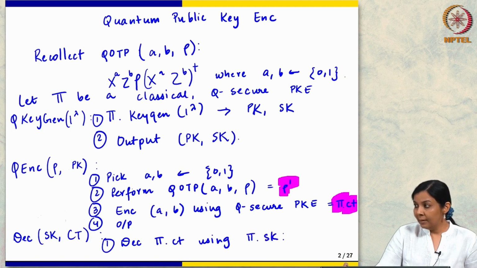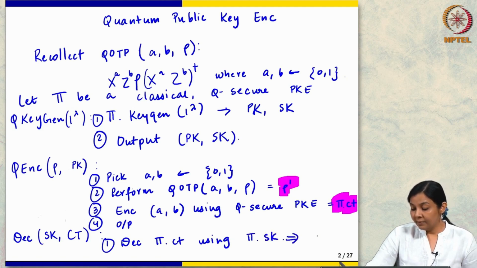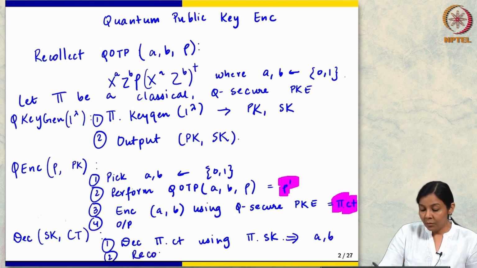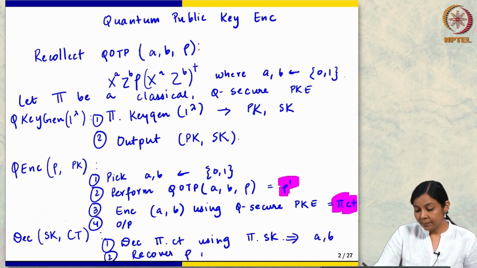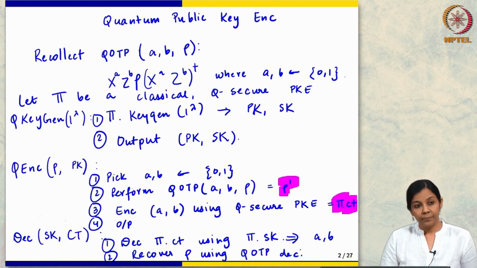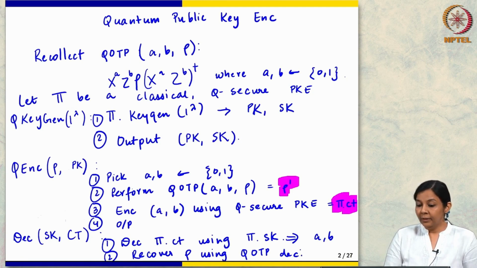This gives us A, B, and then recover rho using QOTP decryption. So, is the correctness clear to everybody?